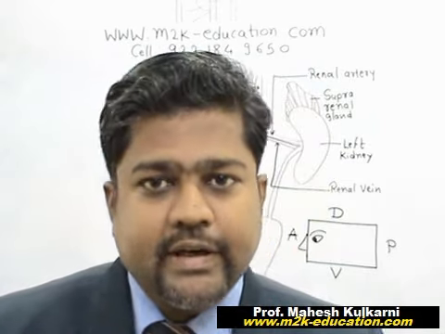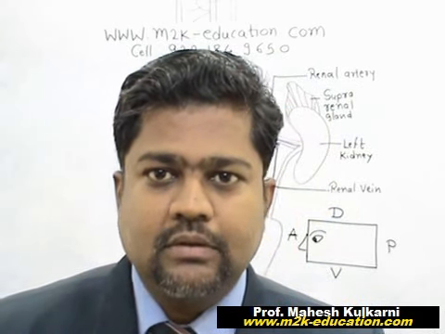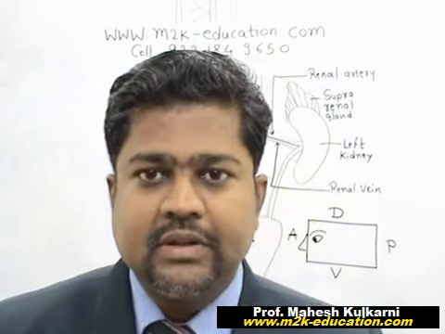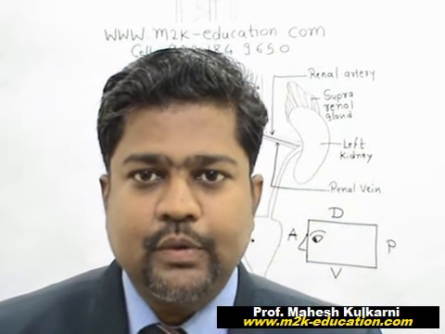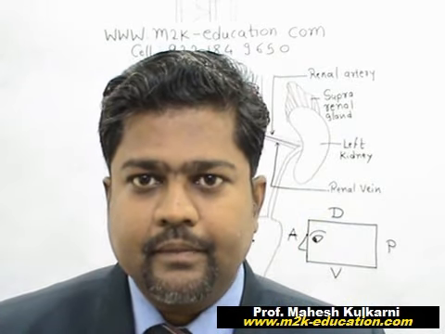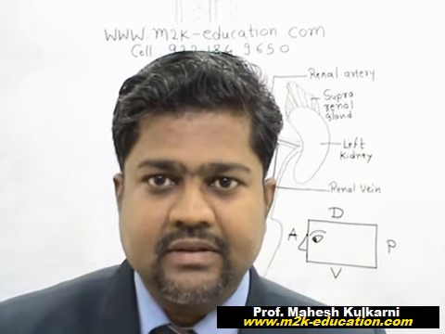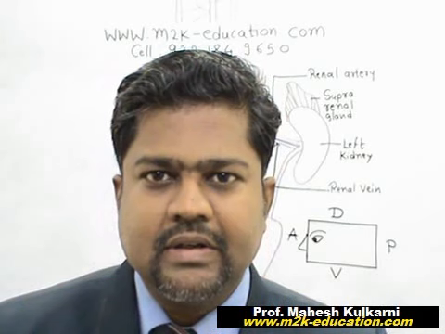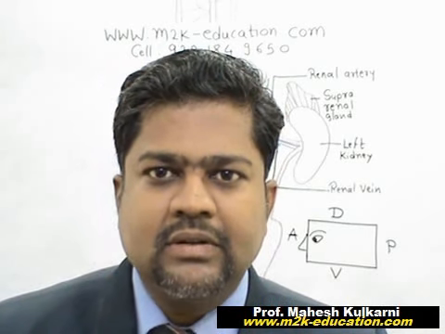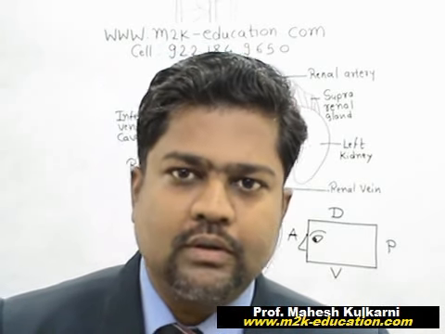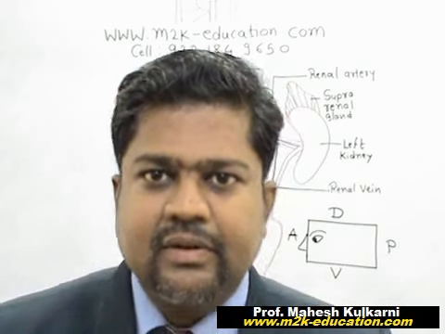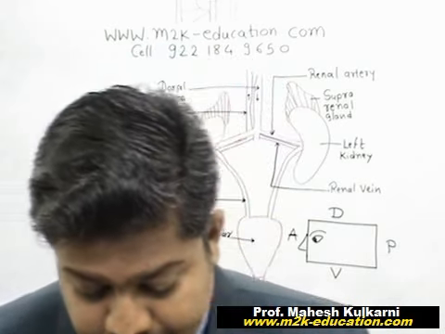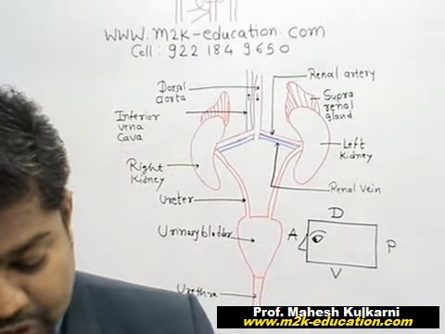That is the negative logarithm to base 10 of H plus ion concentration. That is called pH. Simply, the lower the pH value, the more acidic the substance. When pH tends to 0, the substance is highly acidic. When pH approaches 7, the substance is neutral. And when pH is greater than 7, it is basic. So this is about pH, so maintaining the pH of the body.